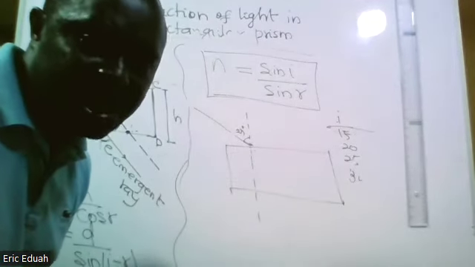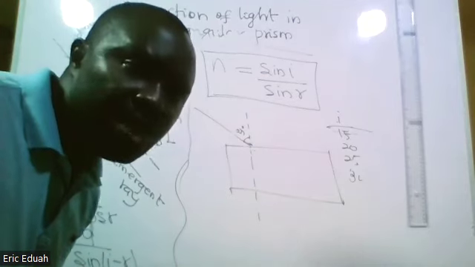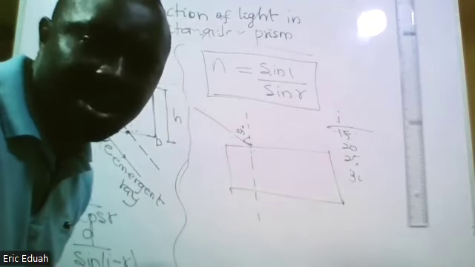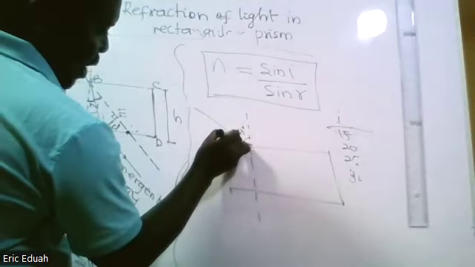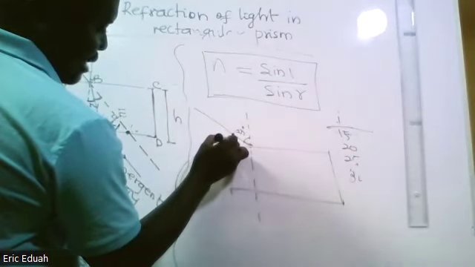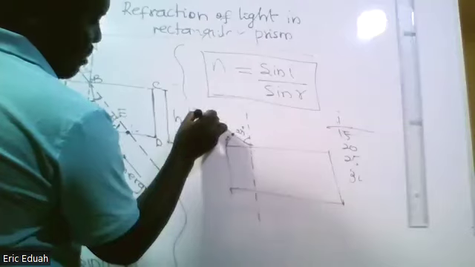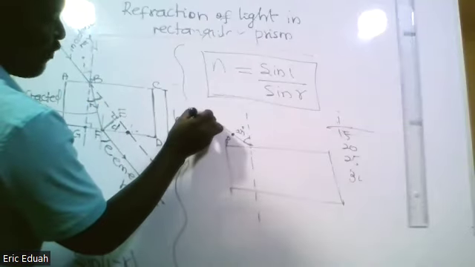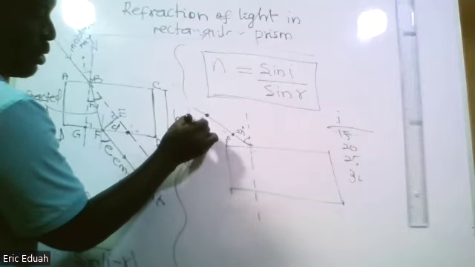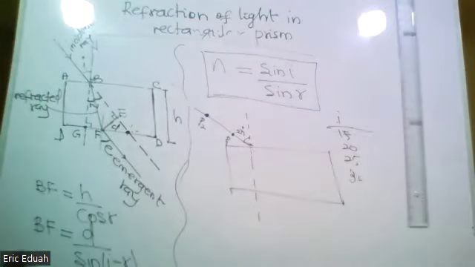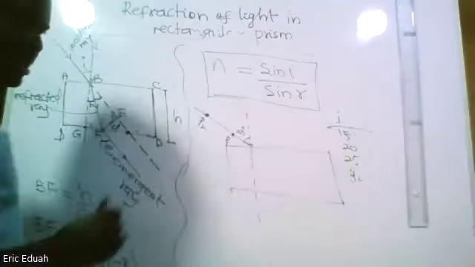Then the next procedure is that you put 2 pins along the incident ray. So pin 1, P1, maybe about 5 centimeter interval, P2. So these are 2 pins.